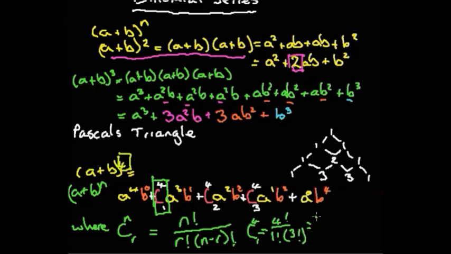Let's write them in. 4 times 3 times 2 times 1 over, we don't need to do 1 factorial because this is 1, so that is 3 times 2 times 1. Hold on a minute. I can cancel some of these out. In fact, cancel them all out. That's going to equal 4. And so my first coefficient in this expansion is 4.